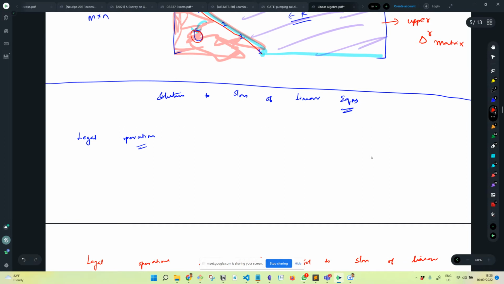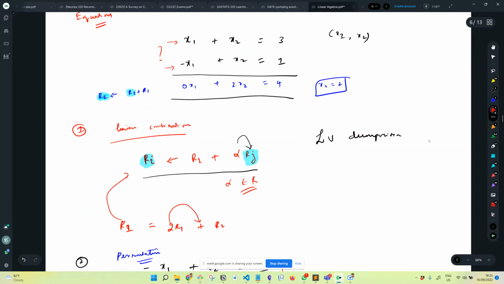For that we need something called legal operations. What are legal operations? I give a system of linear equations and ask you to solve it on paper. Whatever you do to obtain the right solution is a legal operation. For example, take this system: x1 plus x2 equals 3, minus x1 plus x2 equals 1.